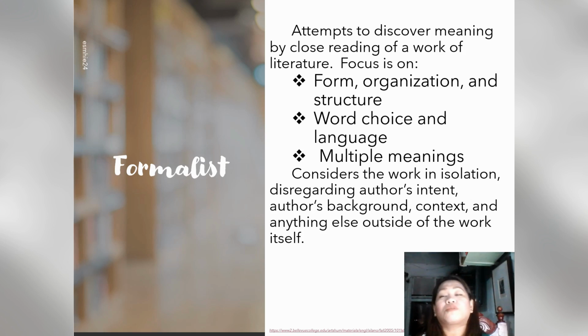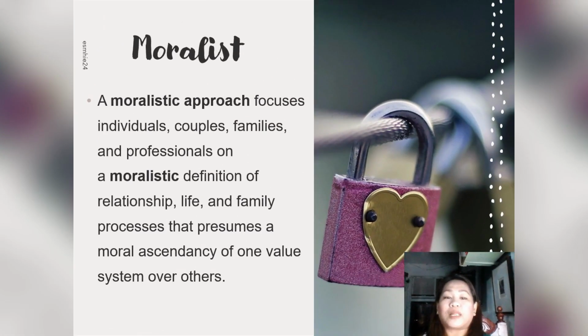So you are going to find out the underlying theme by understanding the elements, the focus, the organization structure, the word choice and language, the multiple meanings, to understand the denotative or connotative meaning of the text. So that is how we define formalism.